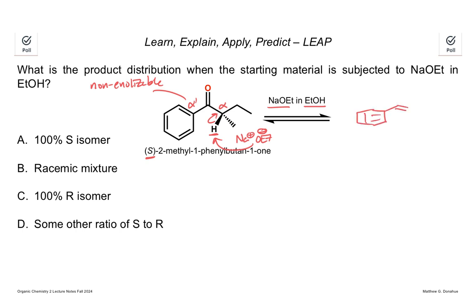That then becomes an enolate. And what's important about that is that alpha carbon now is sp2 hybridized, which means it's achiral.